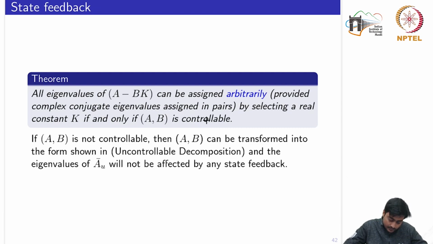Now, we had also discussed that if the pair AB is not controllable, then we can use the uncontrollable decomposition to apply on this pair AB and extract only the controllable part. So we only need to ensure that the uncontrollable component in that decomposition has its eigenvalues on the left hand side, right?